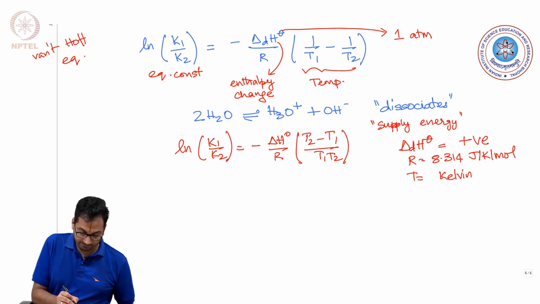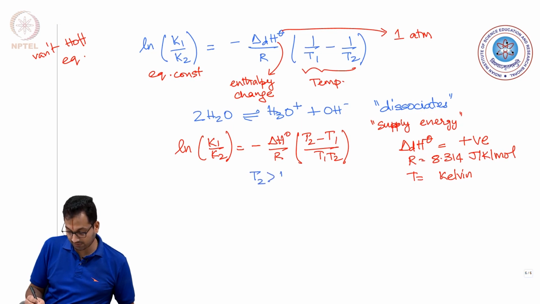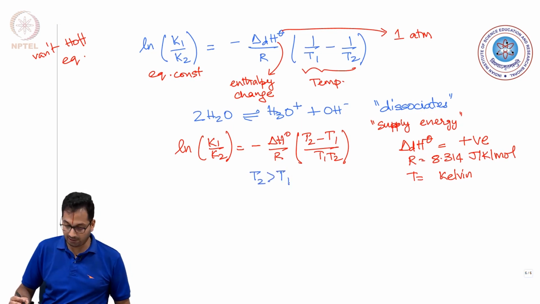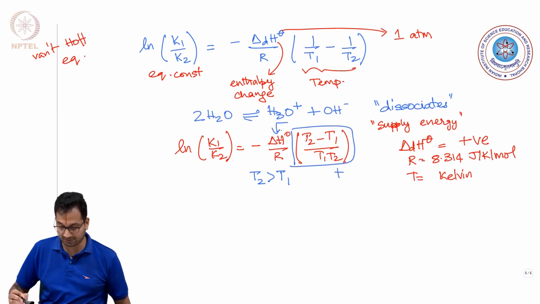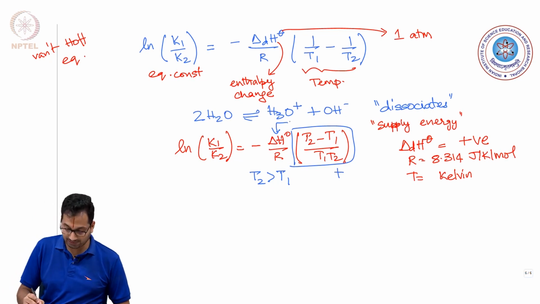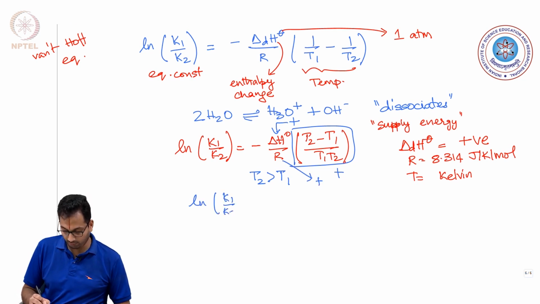So, if T2 is greater than T1, this entire term will be positive. We just summarized that the enthalpy change for dissociation of water is endothermic, so that is going to be positive, and R is positive. So, this will result in ln K1 over K2 being negative.